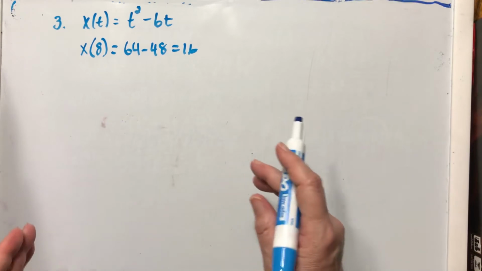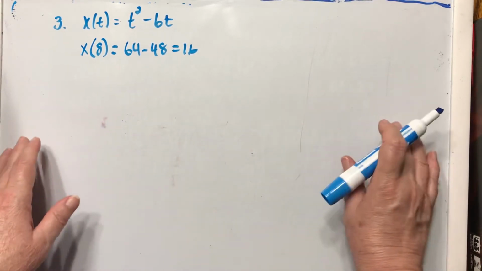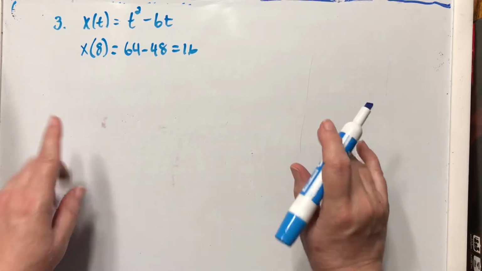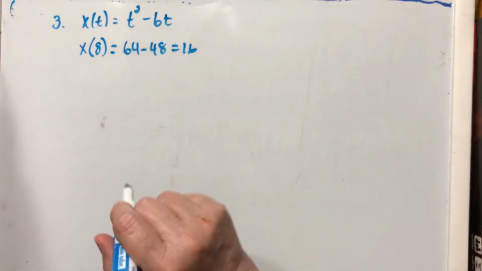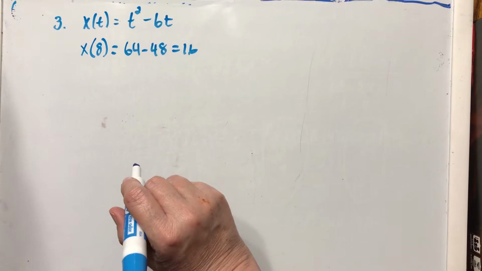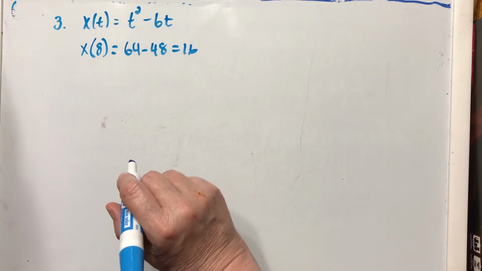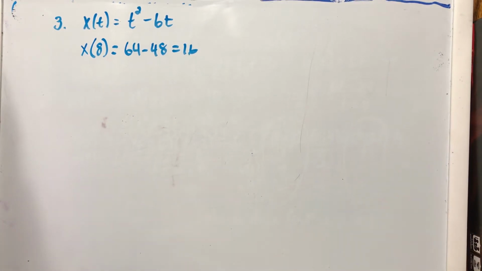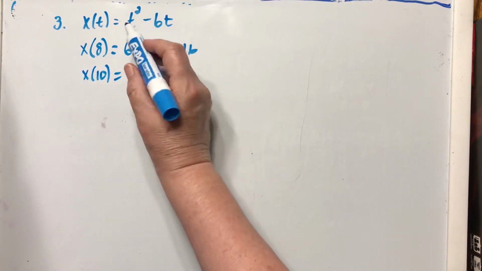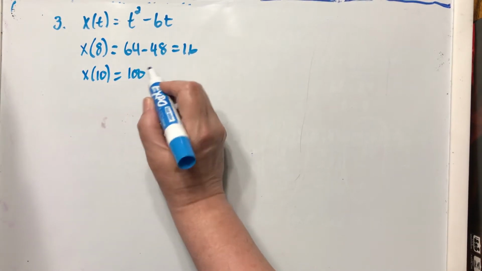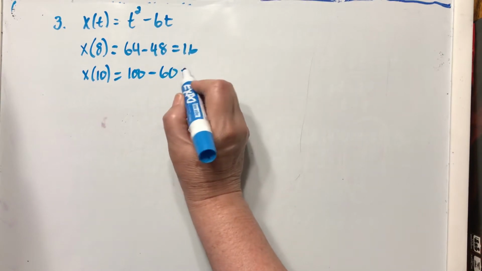So at 8 seconds, if we were thinking of a number line, our particle is sitting over at 16. Where else are we looking? 10 seconds. So x of 10 is 10 squared, which is 100, minus 6 times 10 is 60.